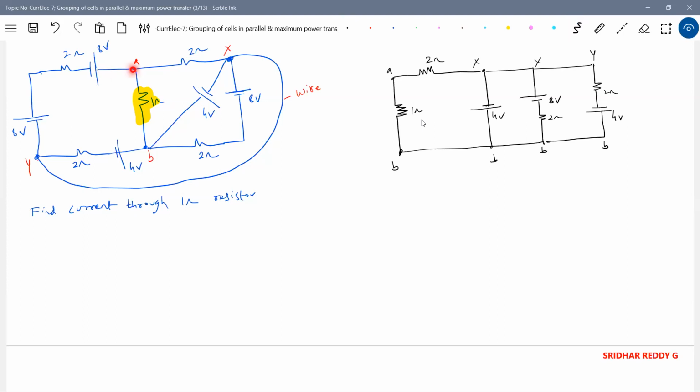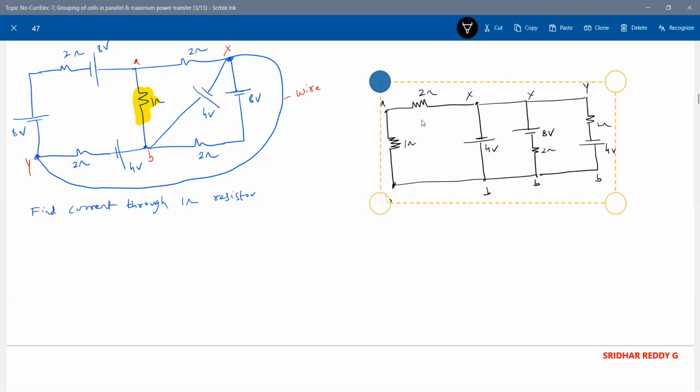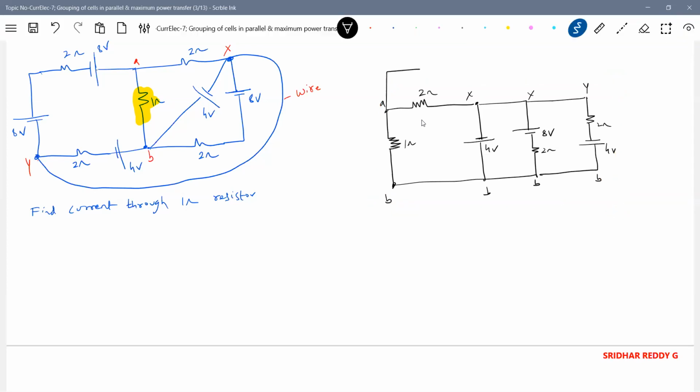Now between A and Y, you have to bring one resistor. This cell between A and Y, or nothing but X, both are the same. So here we are going to bring from A an 8 volt. Anybody can redraw. What is the drawing class in schools? You were asked to draw. Connected to X or Y. Okay, connected to Y. You'll get confused.